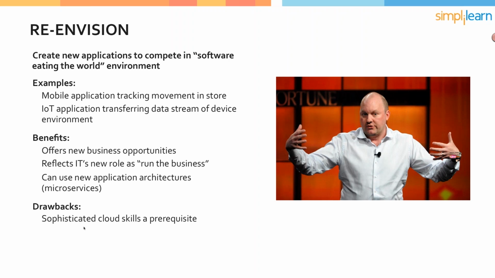Or you might use one of the aggregators, like Travelocity. He said we've started to see this accelerate, and we're seeing enormous change in the way organizations do business online, the way they engage with customers, and the way they interact with partners. So this is a software eating the world environment.